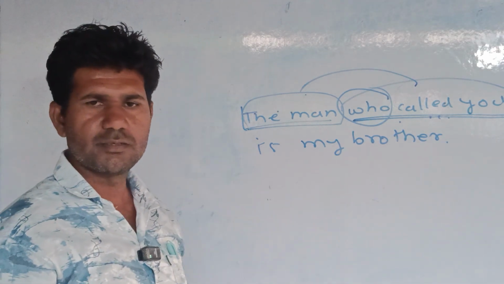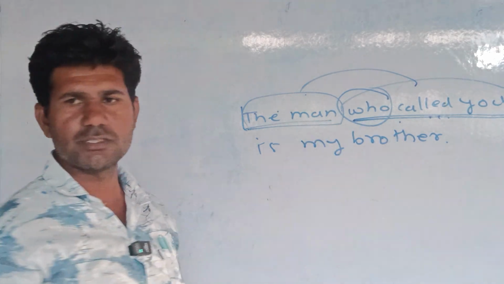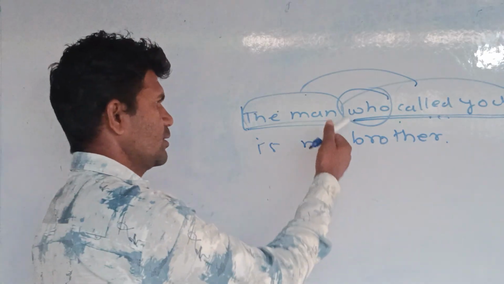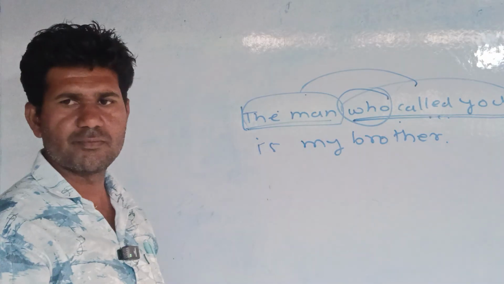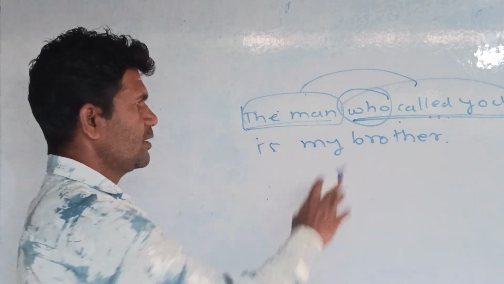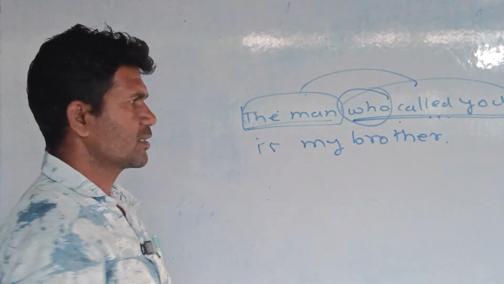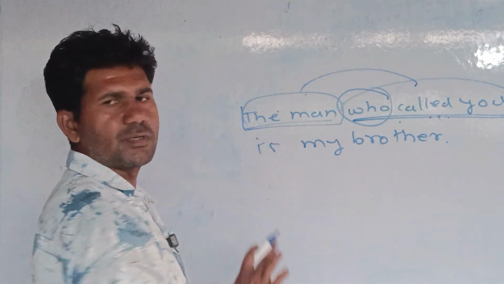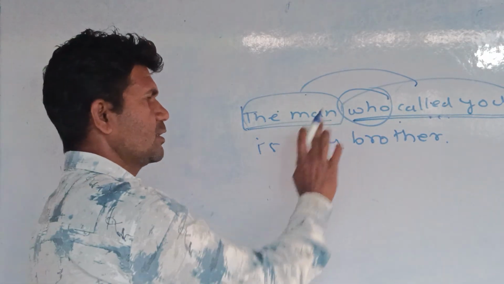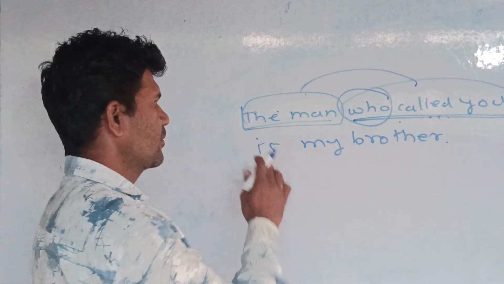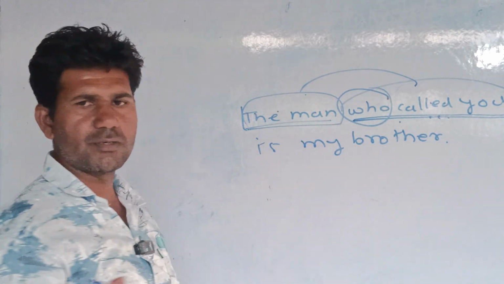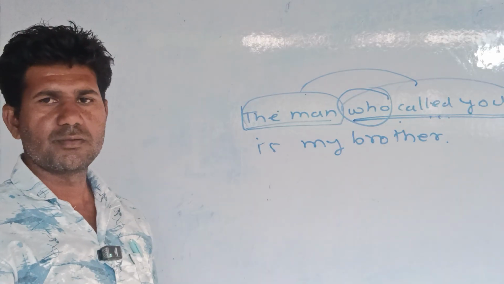In earlier session, we studied that who is interrogative pronoun. Yes, it is, but it depends on the position of the word. When it is connecting relative clause to the noun, it is relative pronoun.